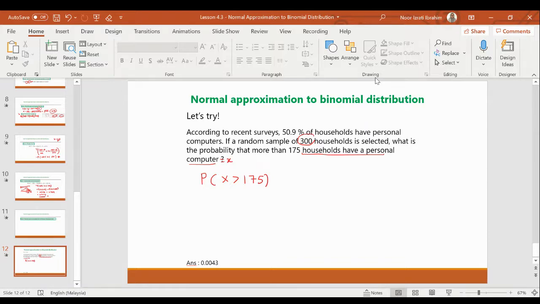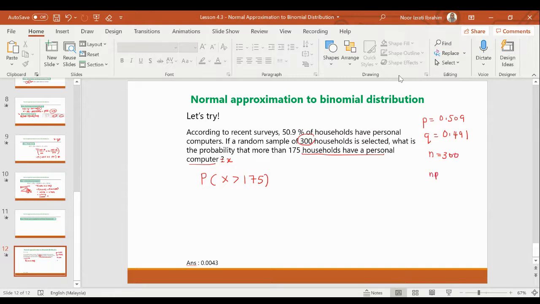Probability or percentage of having personal computer is 50.9, that means our P is 0.509. Then this will automatically give our Q as 1 minus 0.509, which is 0.491. And the N here is 300.